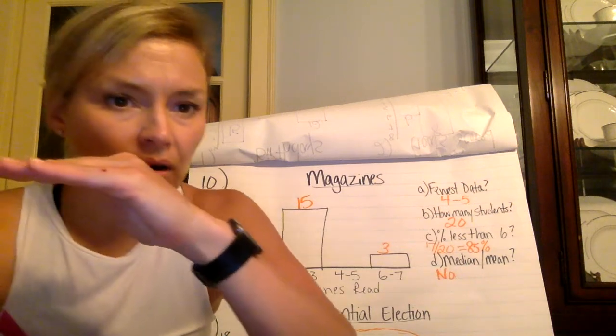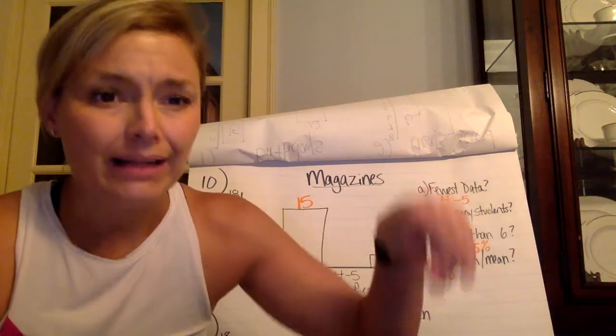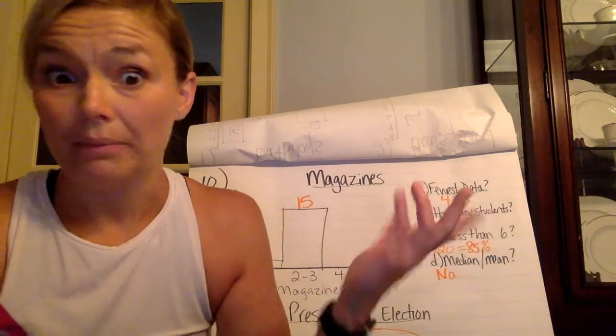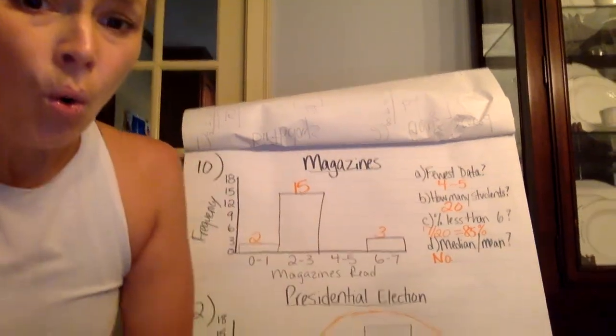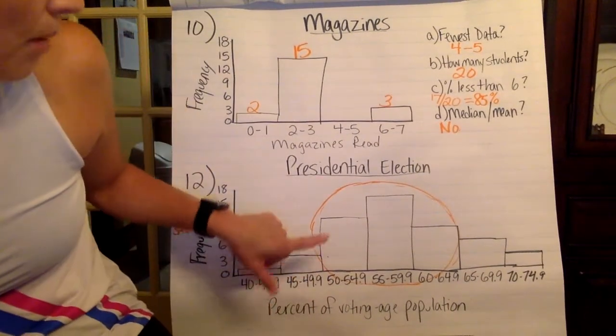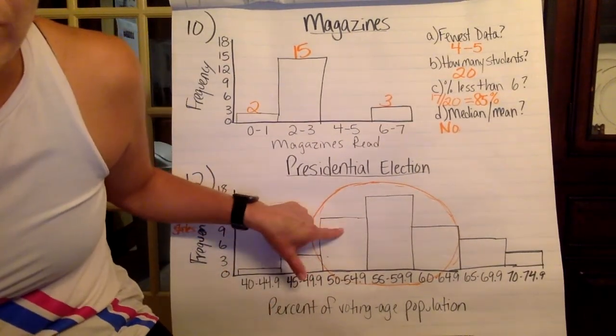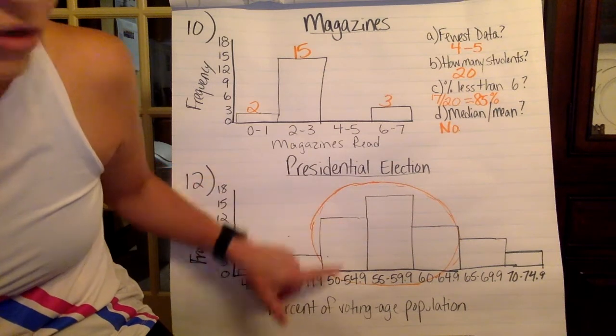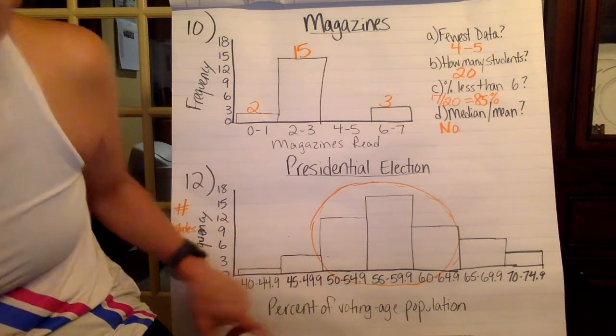So where all the bar heights are pretty much the same exact height. There's not any ups and downs to it, okay? So one example that we looked at, let me just go down a little bit. This is from our second day of work with histograms, the presidential election, the percentage of states that were voting.